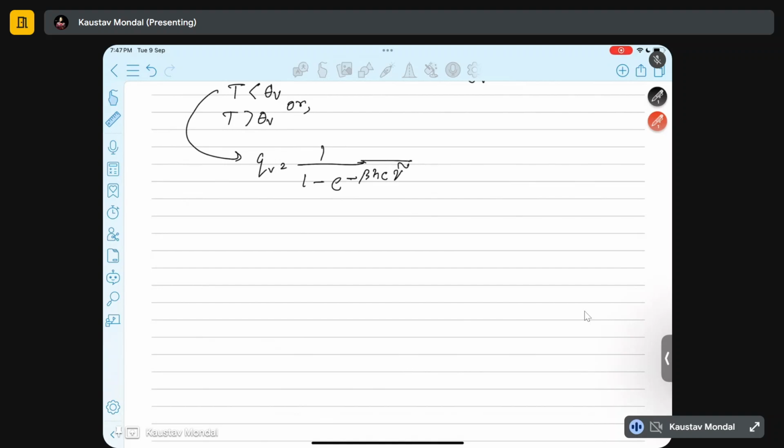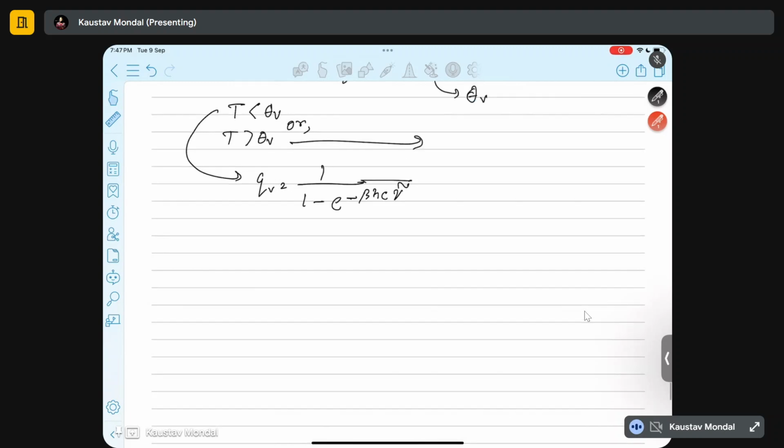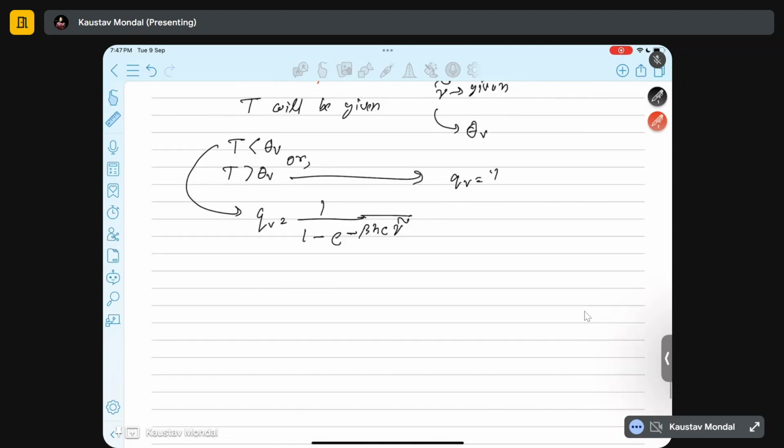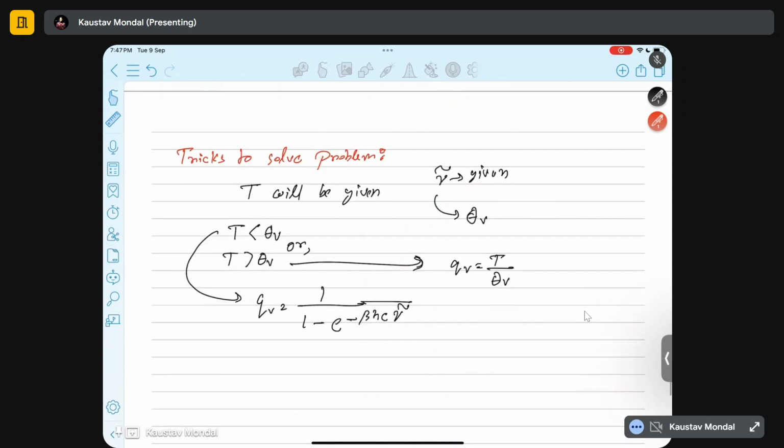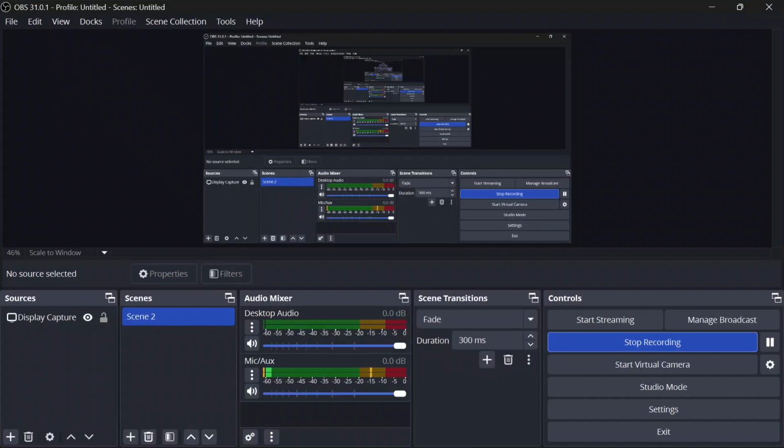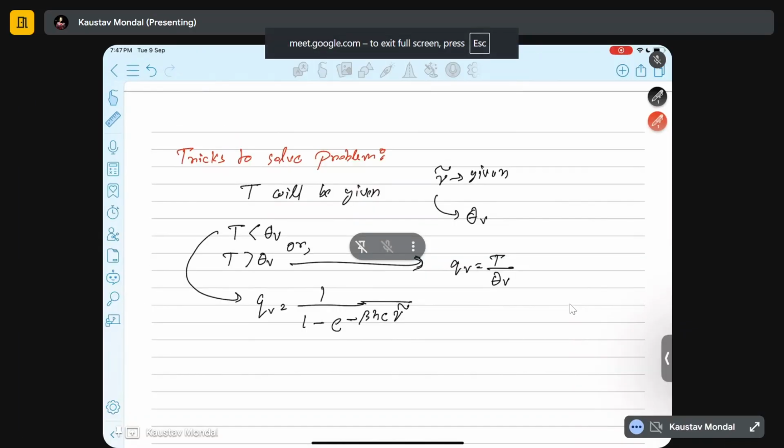But if T is greater than theta v, you can simply use QV equal to T by theta v. These are basically the two formulas. So the main thing in a problem is to first check whether the temperature mentioned is higher or lower than the vibrational temperature, and depending upon that, you solve the problem.